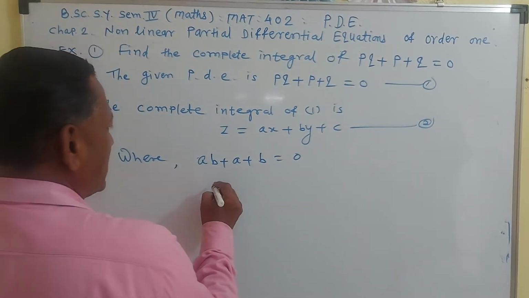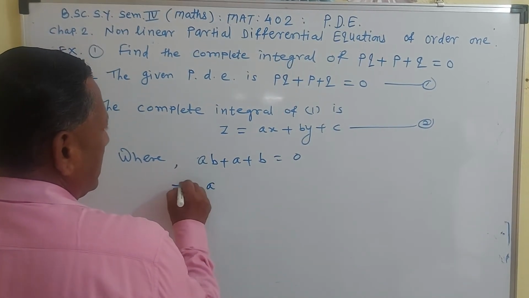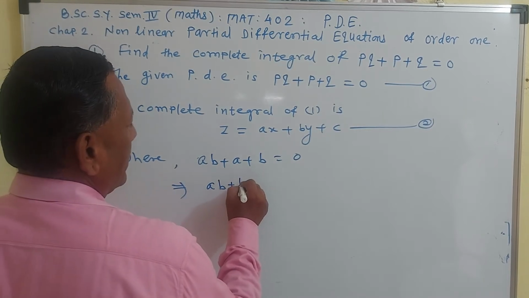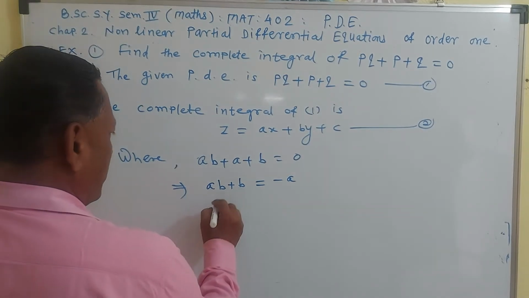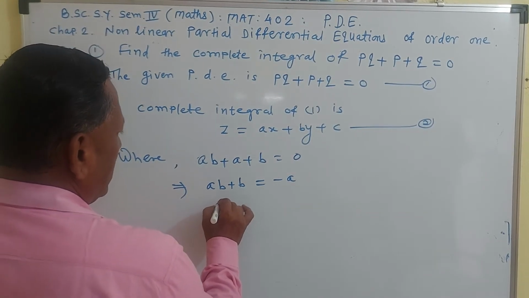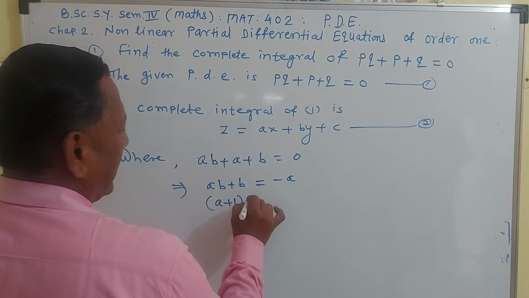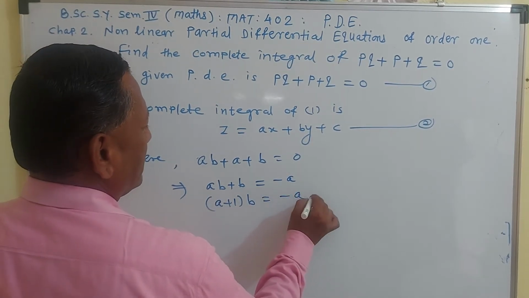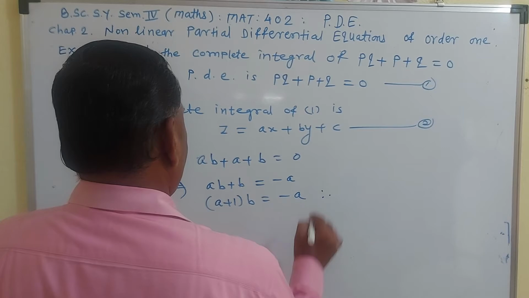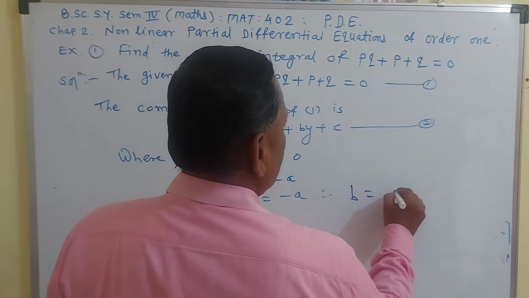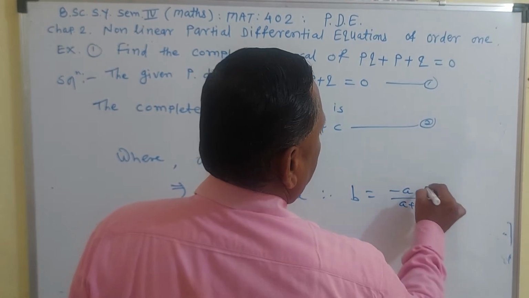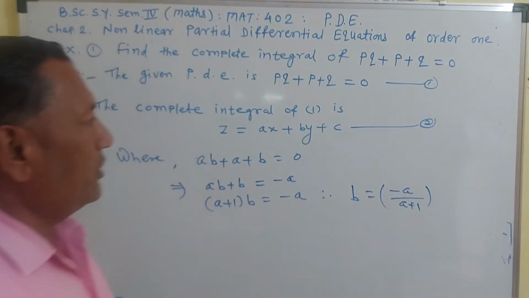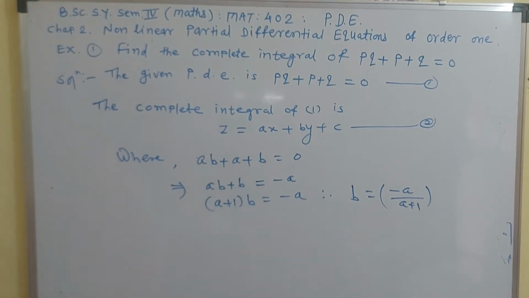So this can be written as ab plus b is equal to minus a. Or here you take b common, a plus 1 into b is equal to minus a. Therefore, what is the value of b? b is equal to minus a upon a plus 1. So you get the value of b. You substitute the value of b in equation 2.